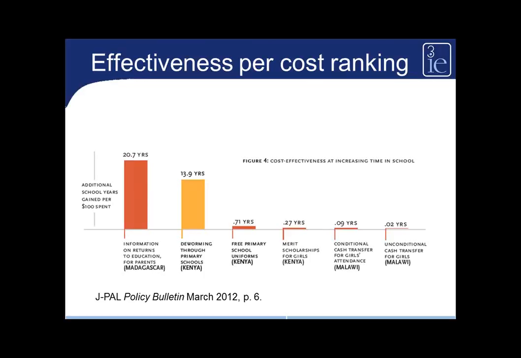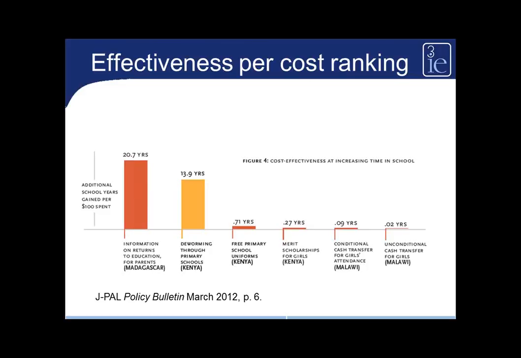And we can see here that this intervention on information on returns to education for parents has a much higher cost effectiveness ranking than the others. And the deworming also comes out as being very strong when we look at it in terms of cost effectiveness.